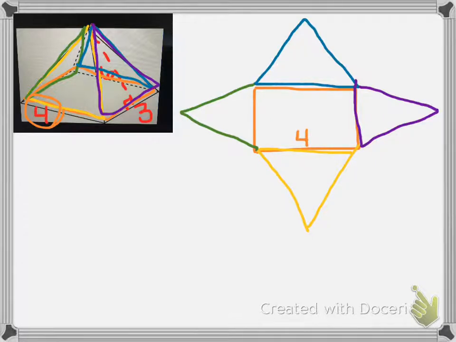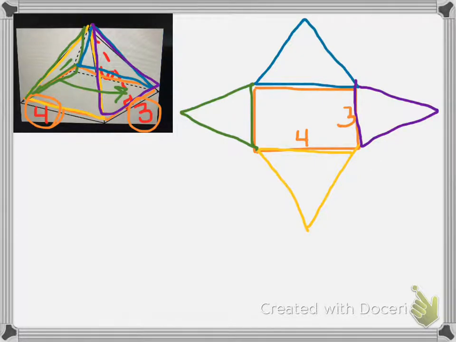And then the side over here is going to be 3. And let's switch colors. Let's go ahead and do our green triangle. That base over here is opposite from this side here, and we know that opposite sides in rectangles are equivalent, so this has to be 3.